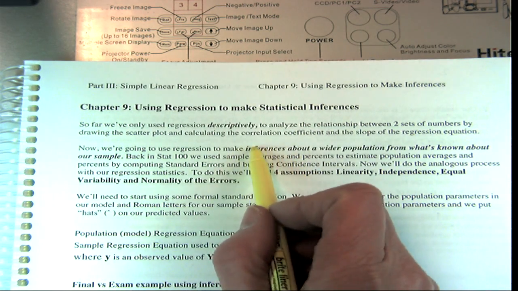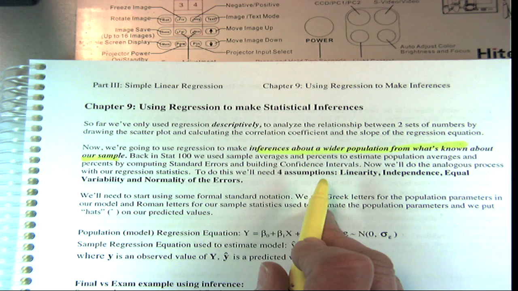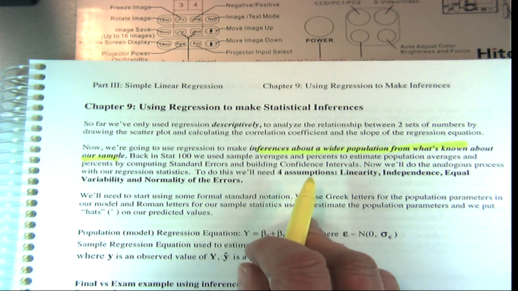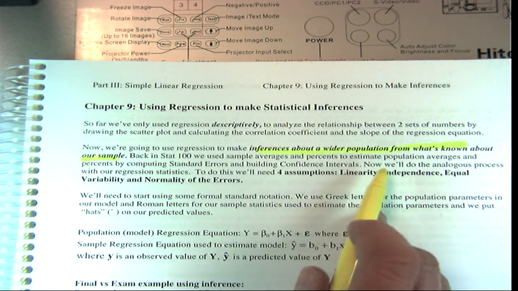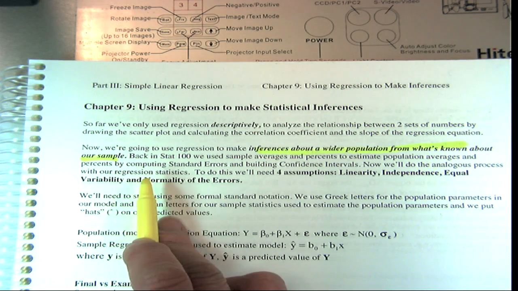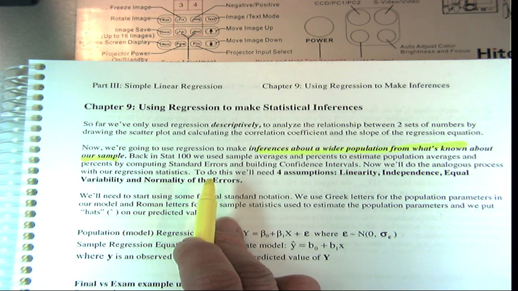okay, from our sample. Just like we did when we made inferences about a population mean from a sample mean. Back in Stat 100, we used sample averages and percents to estimate population averages and percents. And then we put error bars around those and confidence.